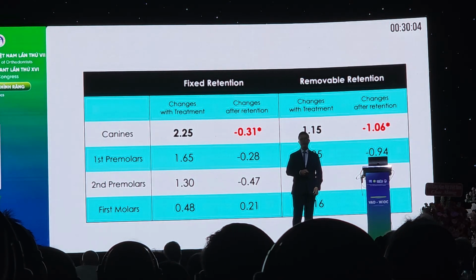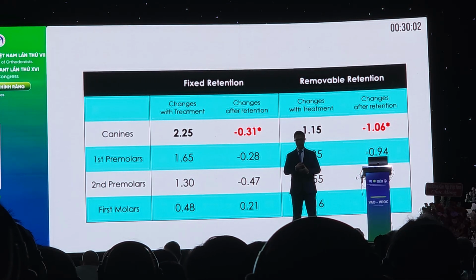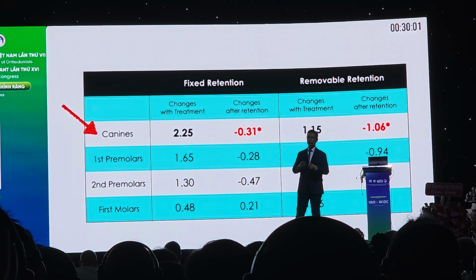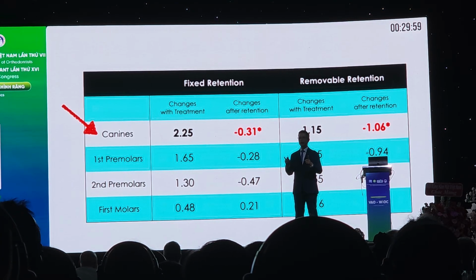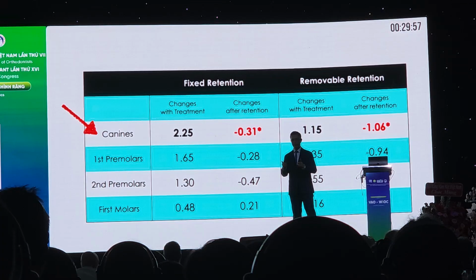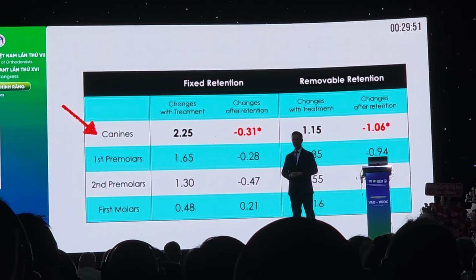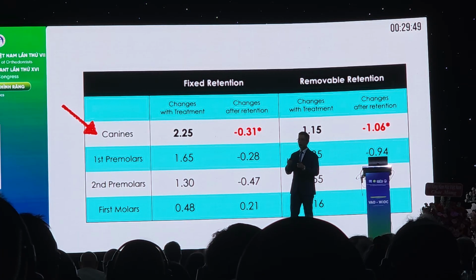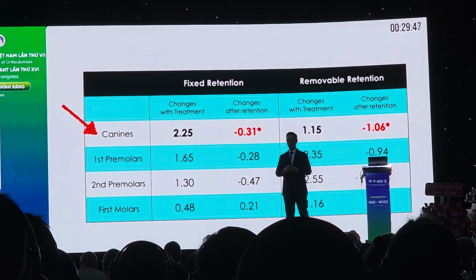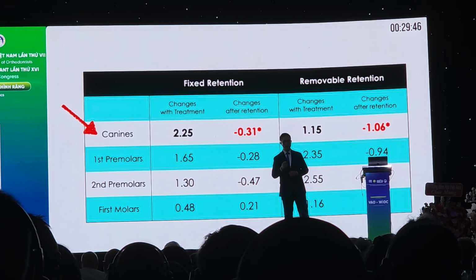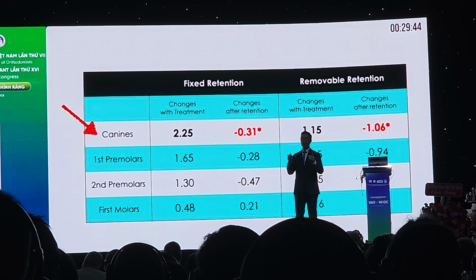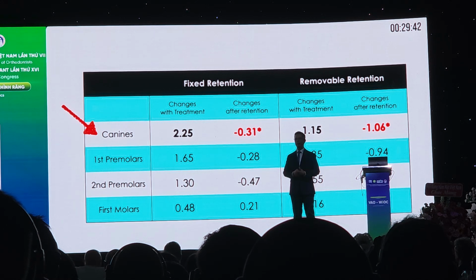When you look at it, let's look at the intercanine width. If you expand the lower intercanine width more than 2 millimeters and put in a fixed retainer, most likely it will stay, with only 0.3 millimeters less. But if you expand 1.15 millimeters of intercanine width and have a removable retainer, then it almost all collapses right back.